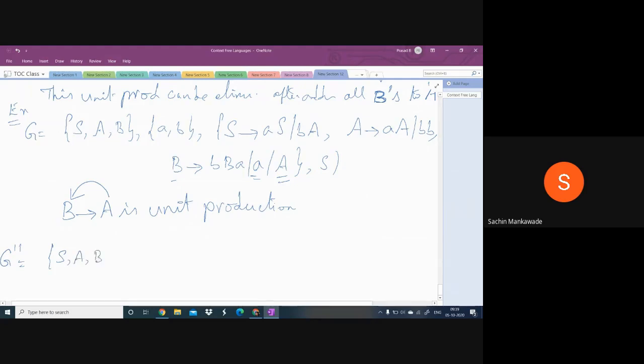S, A, B are the non-terminals and small a, b are the terminals, and S productions are AS, BA, AA and BB. Now come to B's production.